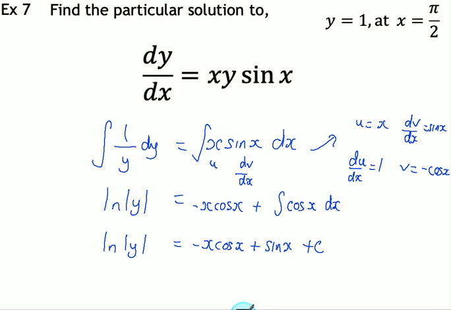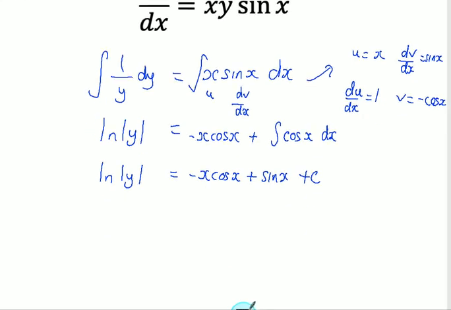Okay, so we've successfully integrated. Now we're going to use the boundary condition. It was when y is 1, x is pi over 2. So let's substitute that in.